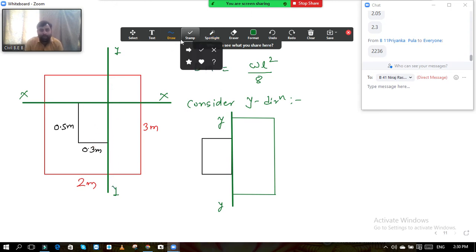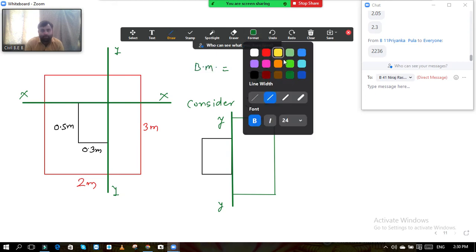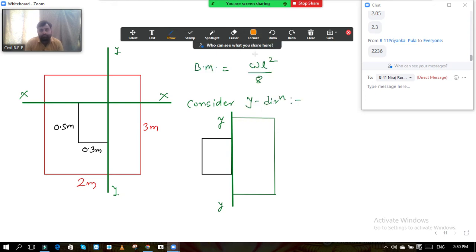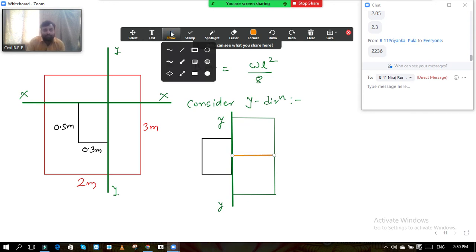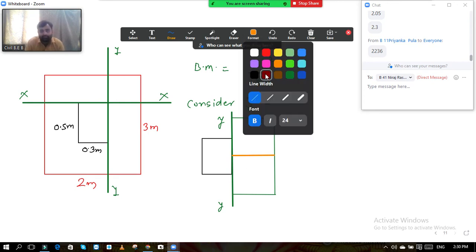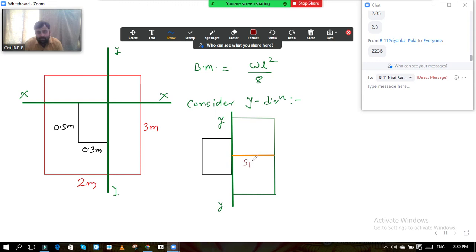Now what is the span in this case? See, we take this length as a span. This length is our span. Here you can see that this side is 3 meter, so this dimension we already know.